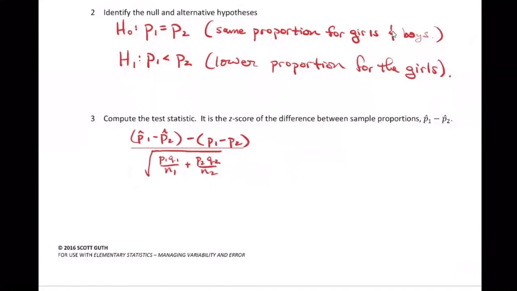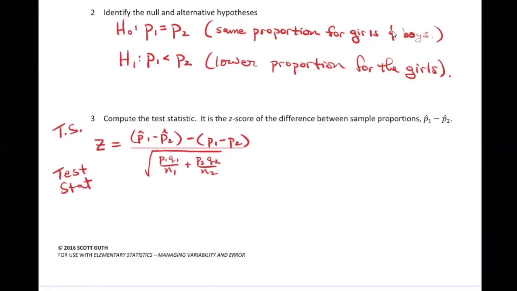I think mostly don't write the denominator yet. Okay, and again, that's our TS, test statistic. It's just a Z-score of the difference between the sample proportions.